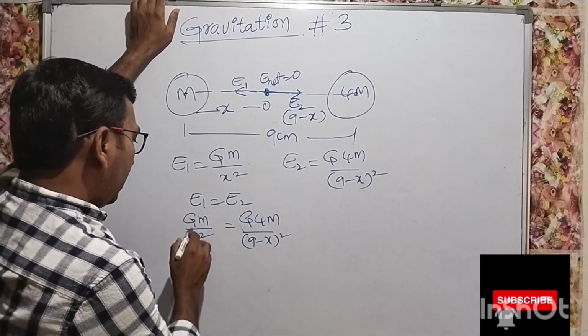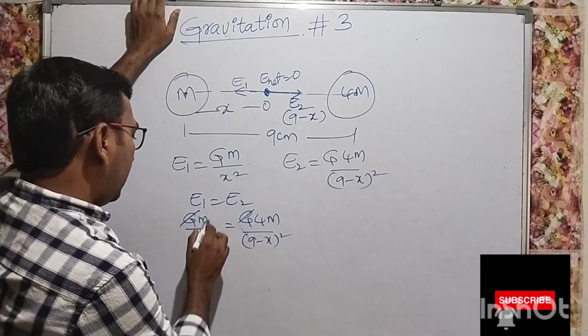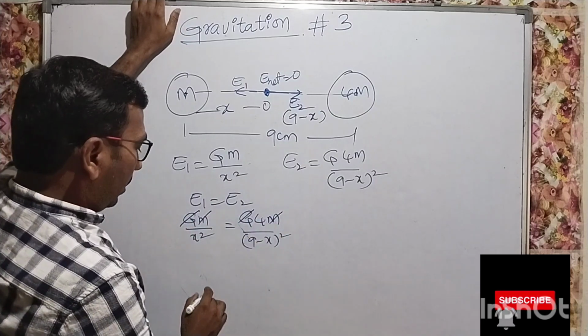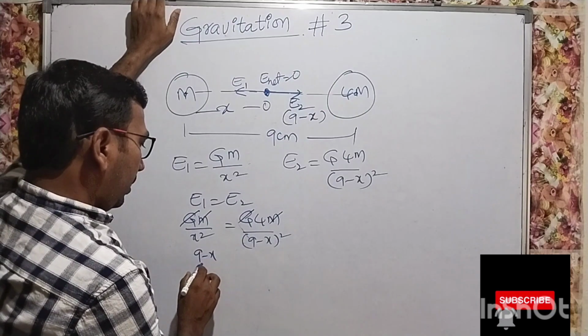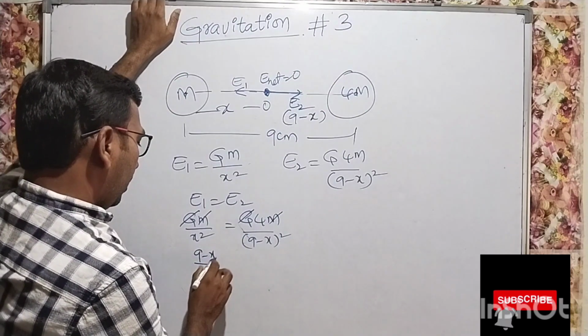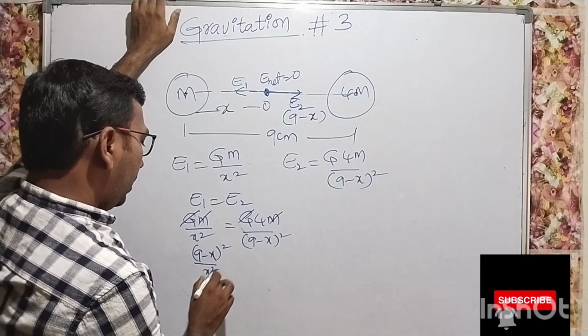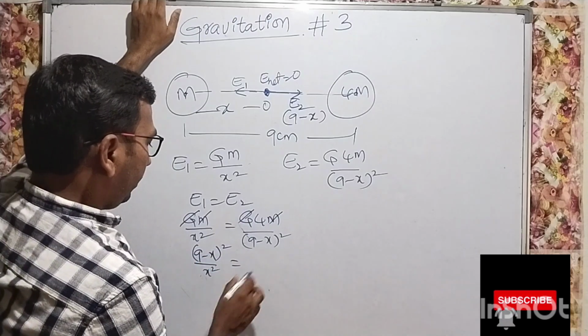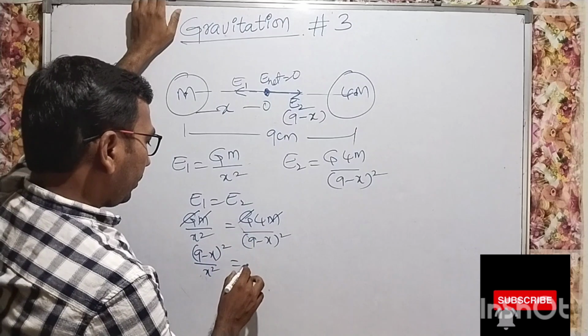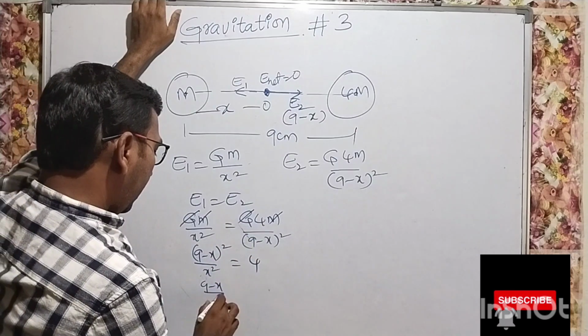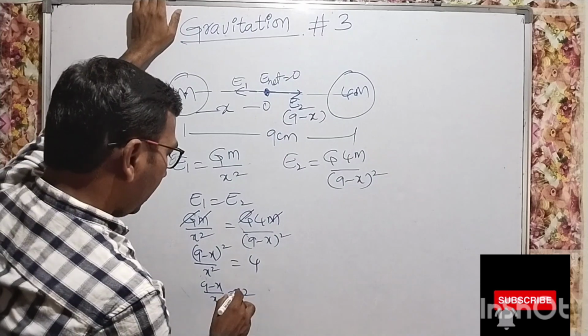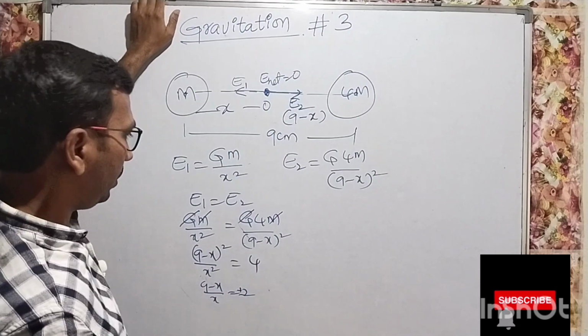Capital G cancels, m cancels. So 9 minus x whole square by x square is equal to 4. So 9 minus x by x is equal to plus or minus 2.